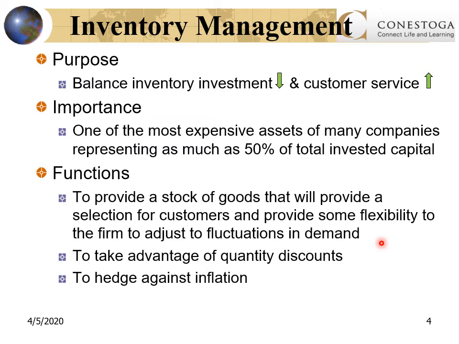If the demand is higher or lower, the fluctuation could be adjusted by having proper management of inventory. And the second reason why inventory comes into play is the advantage of quantity discounts.